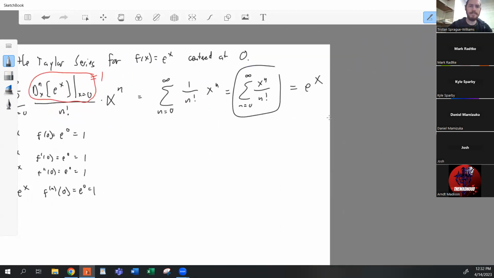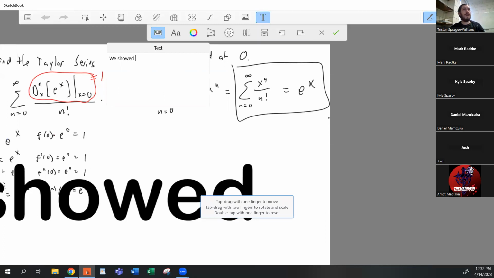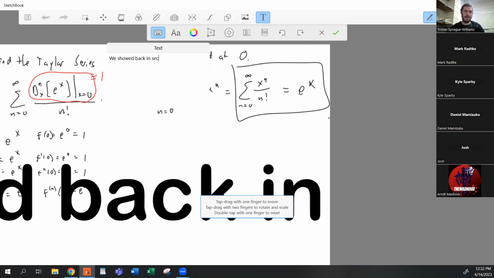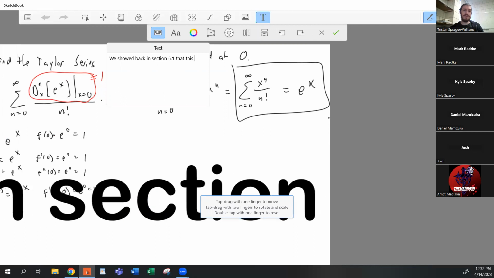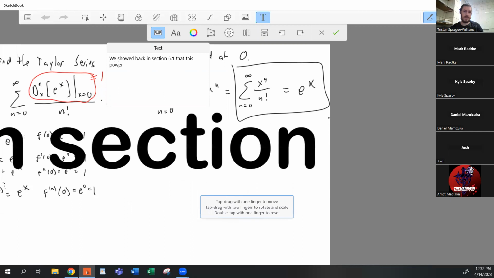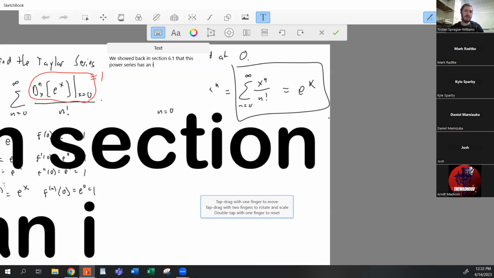Now, this converges to e to the x. There we go. Now, we actually proved back in section 6.1, when we first started talking about power series, that this particular power series, which I used as an example in that lesson, has an infinite radius of convergence.